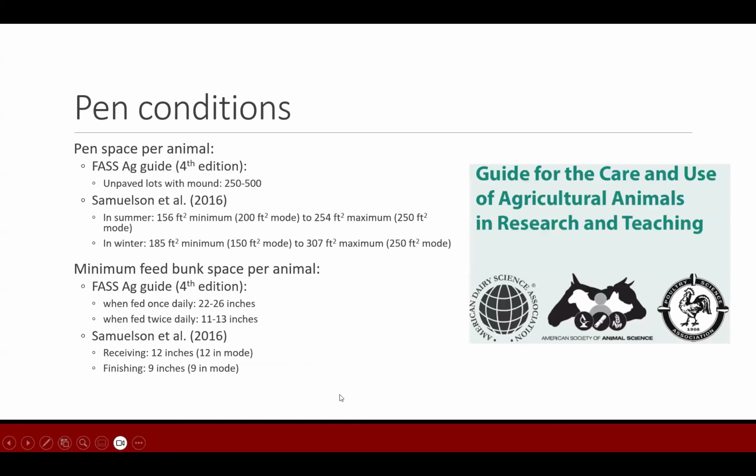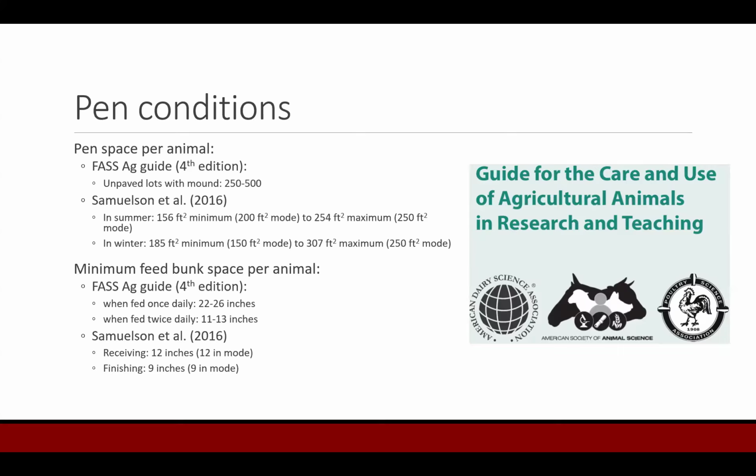Okay. All right. More on pen conditions. So pen space per animal. This is from the FASS Ag Guide. Basically, if we do research with livestock animals, we have to follow this Ag Guidebook. Okay.